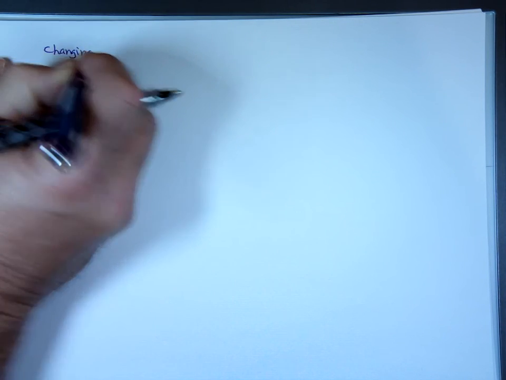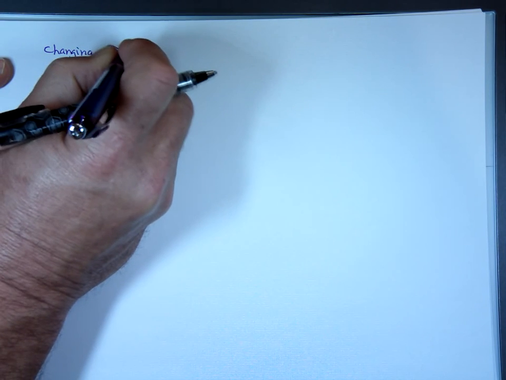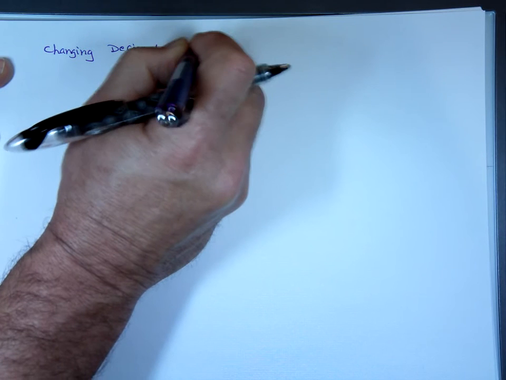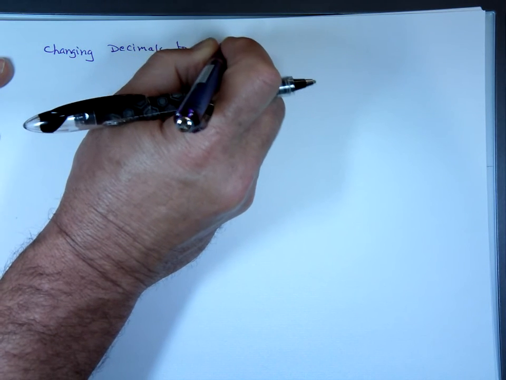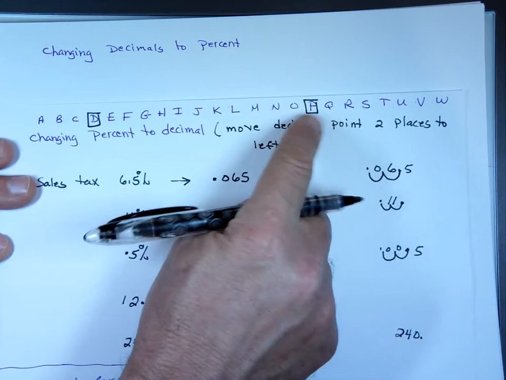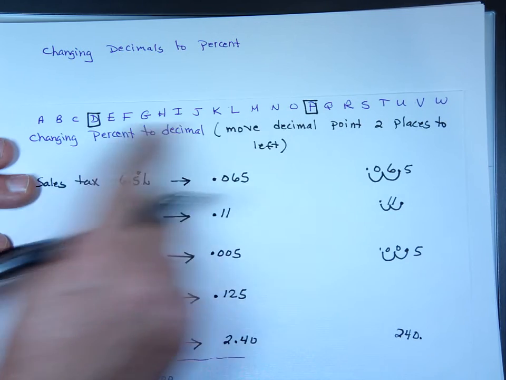How do you change decimal to percent? Well, the reverse. Changing decimals to percent. Remember, percent to decimal, here's my alphabet. Percent to a decimal, we move the decimal point how many places? 2 to the left.